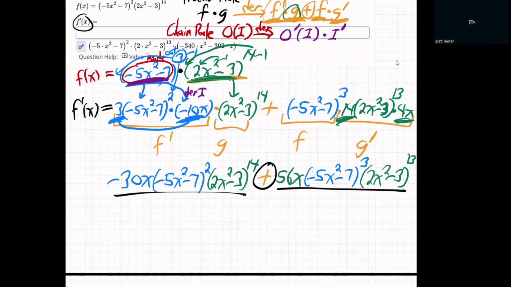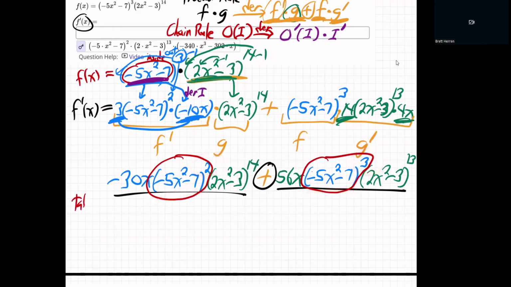And instead, let's just go for what they have in common with the big terms, like this guy and this guy. This guy has got a second power, and this guy's got a third power. So you take the lower powers.